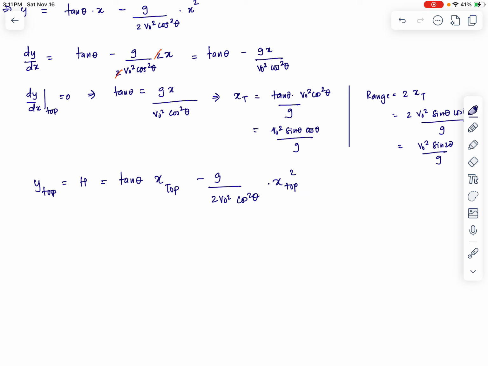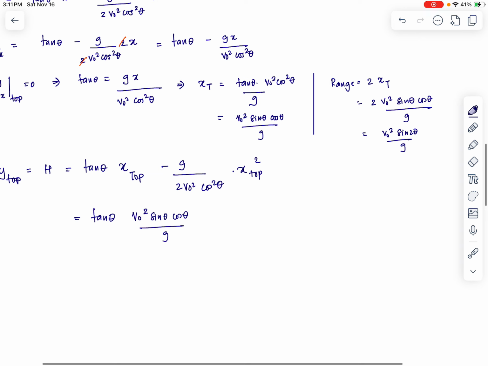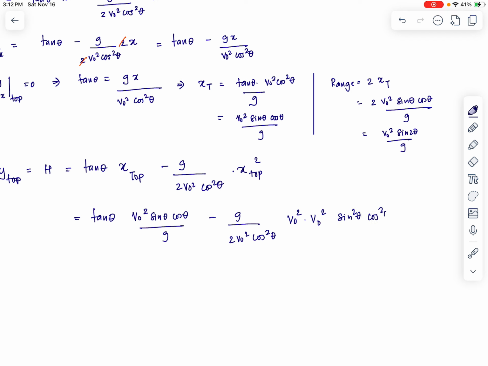So we work through the math: tan theta times v0 square sine theta cosine theta divided by g, minus g by 2 v0 square cosine square theta times v0 square times v0 square sine square theta cosine square theta divided by g square.